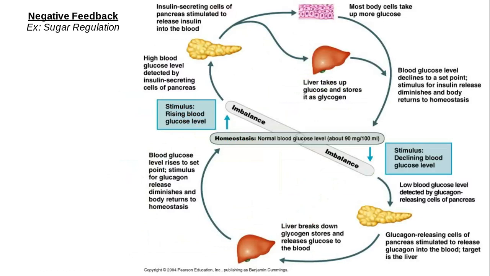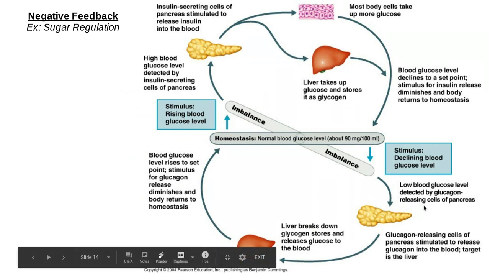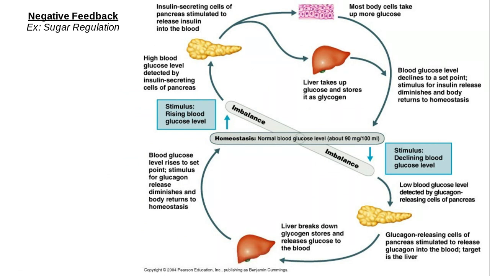Another example of negative feedback is blood sugar regulation. We have a specific level of normal glucose in the blood, and when that level gets too low, for example, you have low blood sugar, that gets detected by the glucagon releasing cells of the pancreas. Those cells are stimulated to release glucagon into the blood, and their target is the liver.